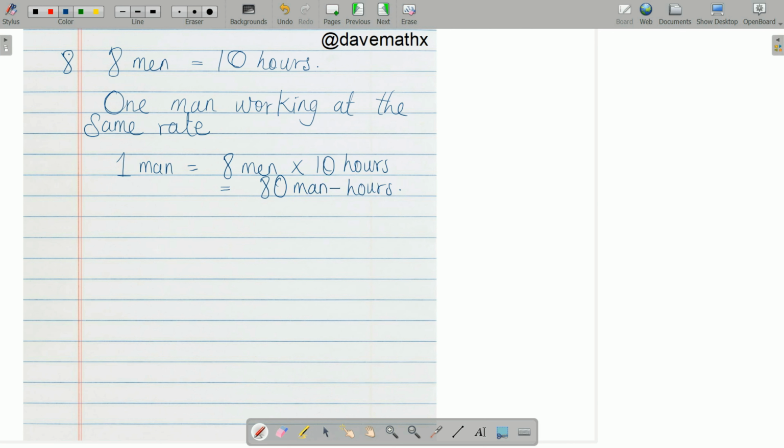Then to find 4 men working at the same rate, one man's working rate, or 80 man-hours, must be divided by 4 men to get the exact same rate for them.